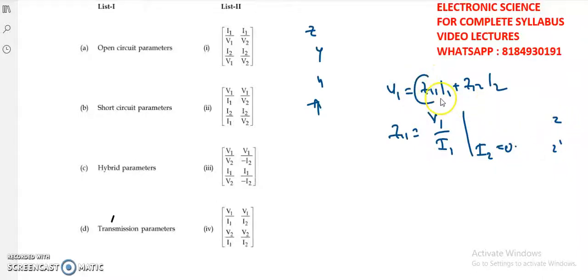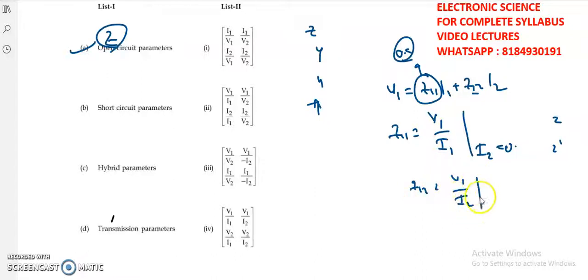That means Z parameters can also be called open circuit parameters. So Z11 is V1 by I1 and Z12 is V1 by I2 when I1 is equal to 0. The matrix order is Z11, Z12, Z21, Z22.